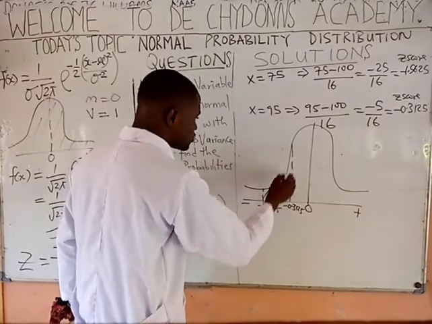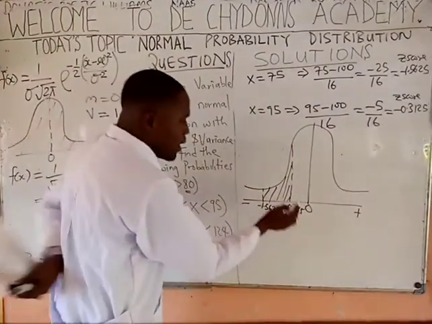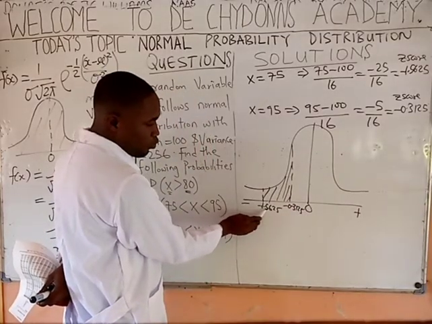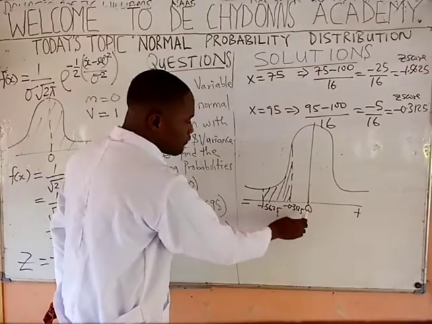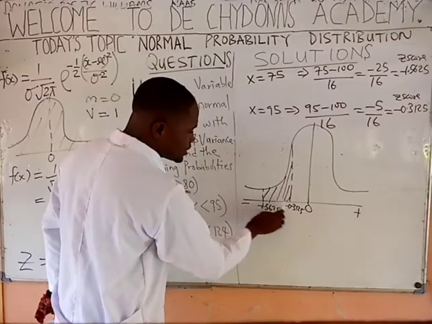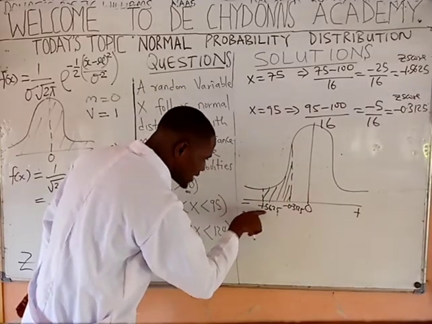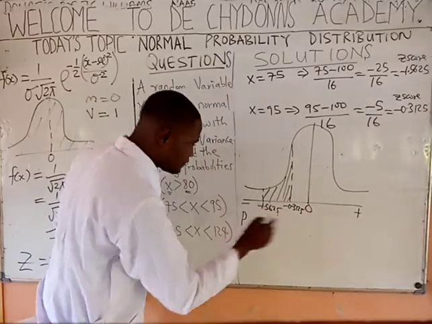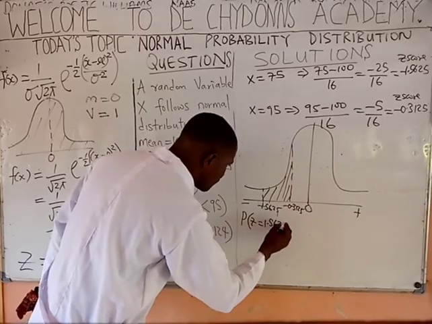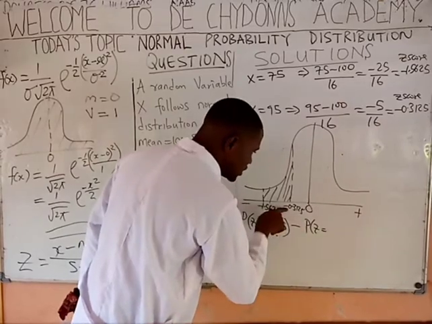So this region bounded by this curve is what we have to determine. Remember that from here to here is the probability for 1.5625, then from here to here is the probability for this. Now for you to get the total probability bounded by this, you say probability for this one that is higher in terms of positive: probability of z equal to 1.5625 minus probability of z equal to, change this to positive, 0.3125.